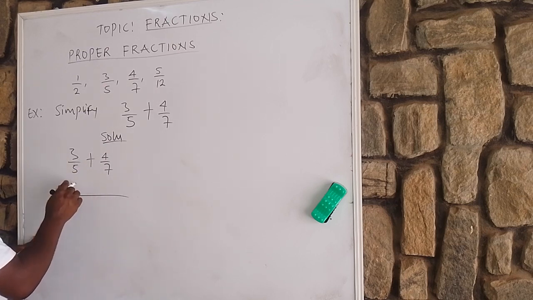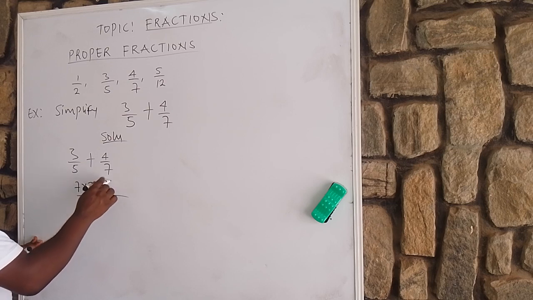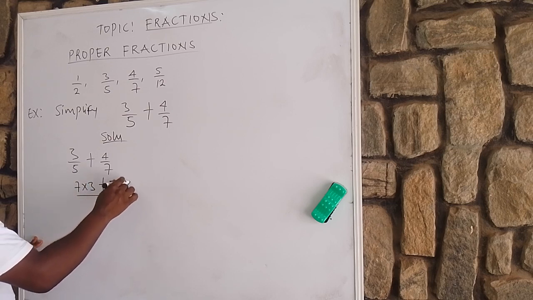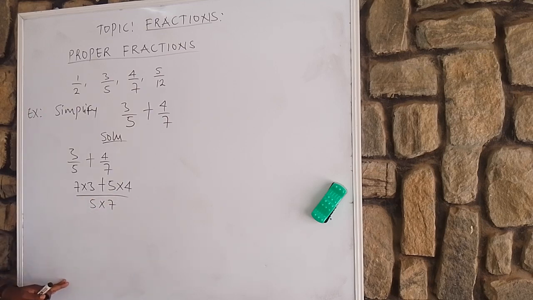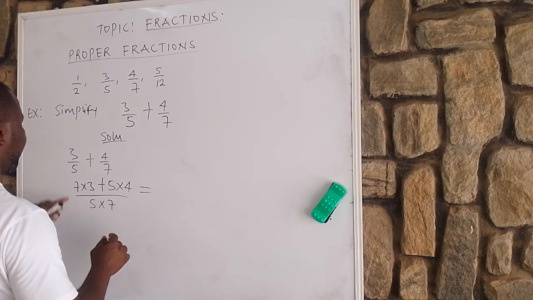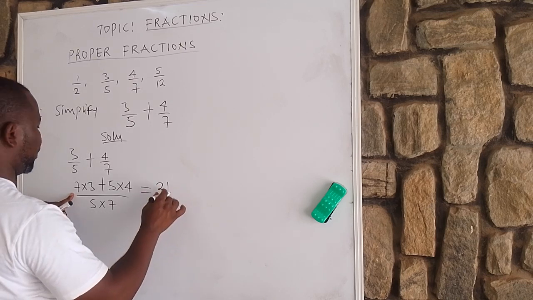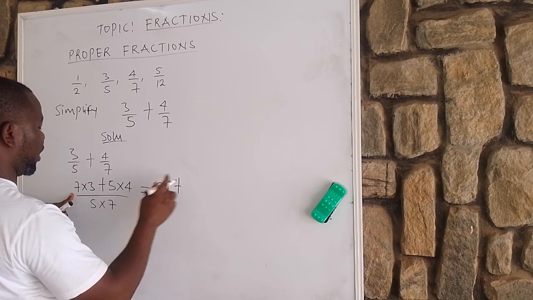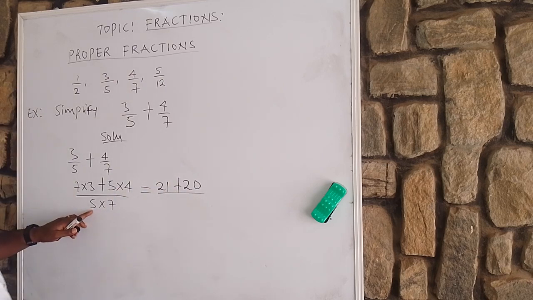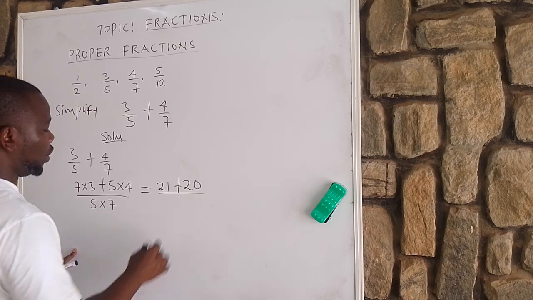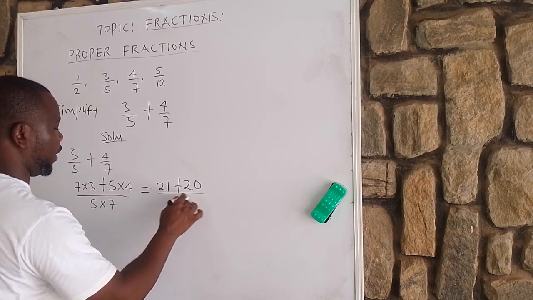7 times 3, plus 5 times 4, then all over 5 times 7. So this will now be equals to 7 times 3, 21, plus 5 times 4, 20, all over 5 times 7, which is going to give you 35.